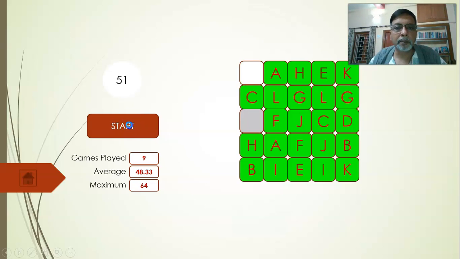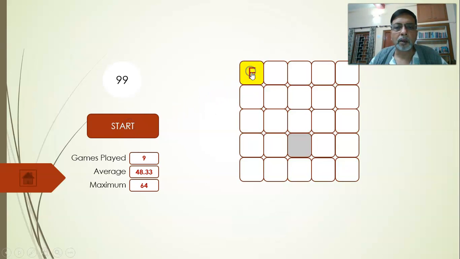Next is a memory game. You try to match the open squares. B has got a match. A has got a match. E, was there an E?